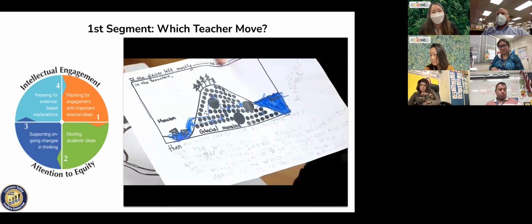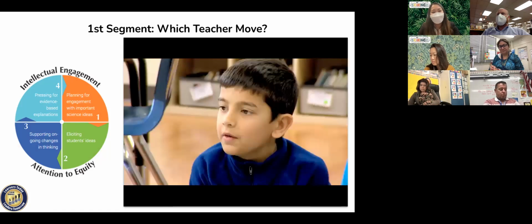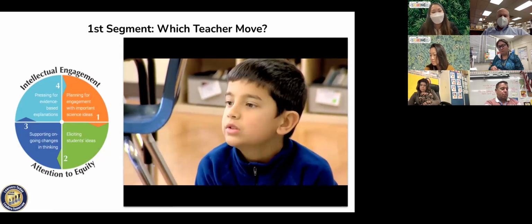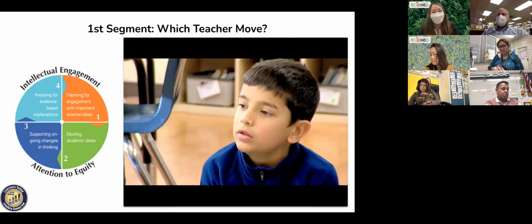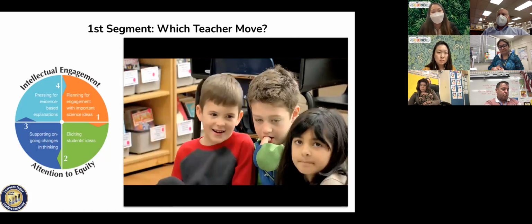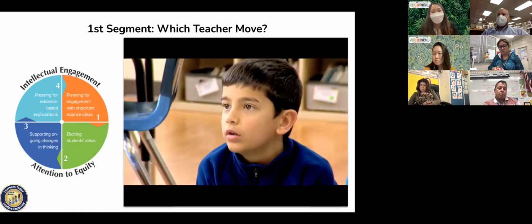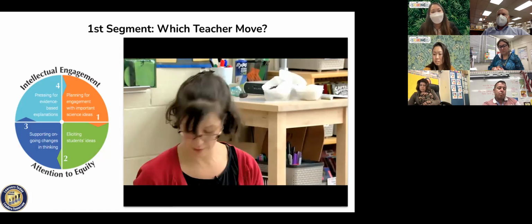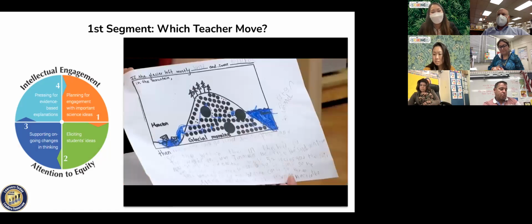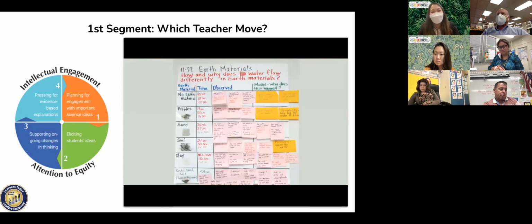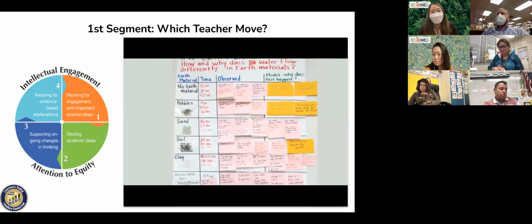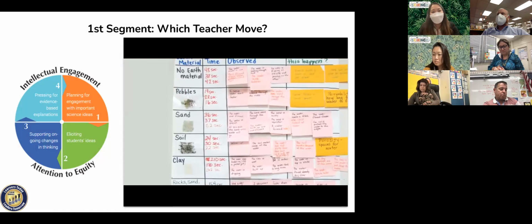What claim did you hear? I heard that if the glacier left mostly sand and some pebbles in the mountain, then the water would go slower. Then the water would go slower. Do you agree or disagree? Agree. Can you tell me more? Because when we did the experiment with earth materials and we used sand, it went slower than soil, like pebbles.